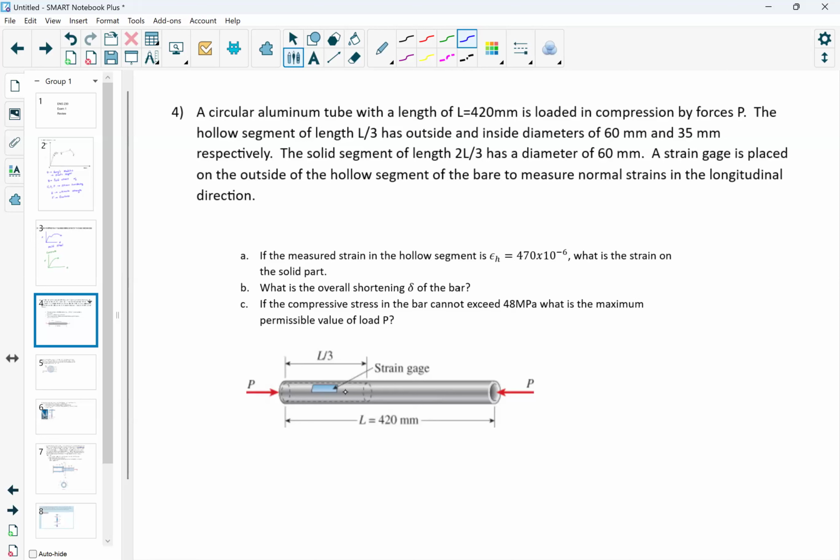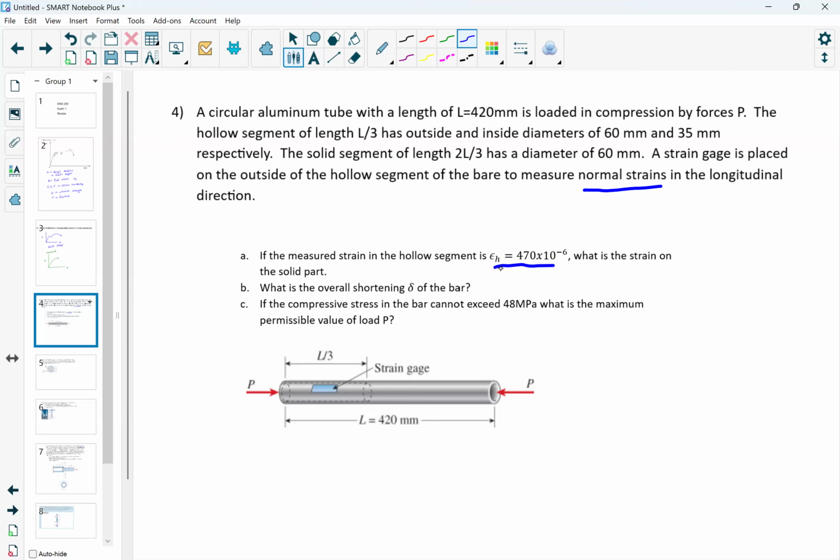And we have a strain gauge placed on the outside of the hollow segment to measure normal strains. So we're given the normal strain that is measured, epsilon sub h because that's hollow, and it wants to know what the strain is on the solid part.